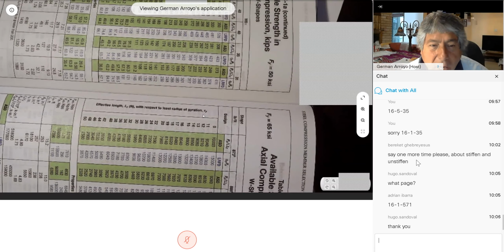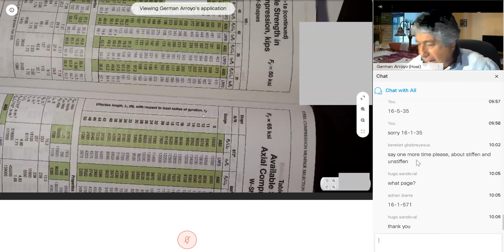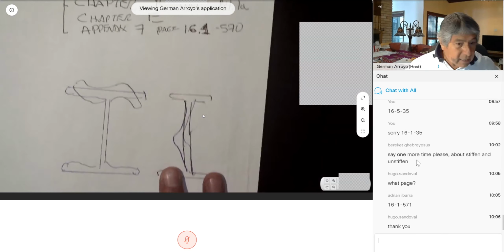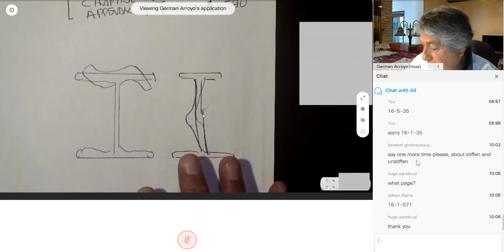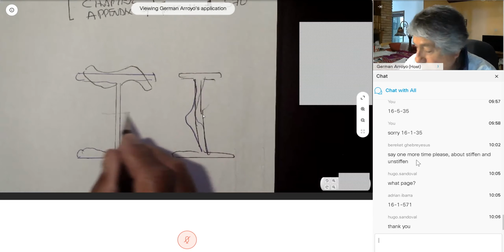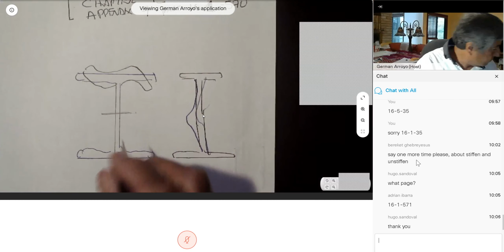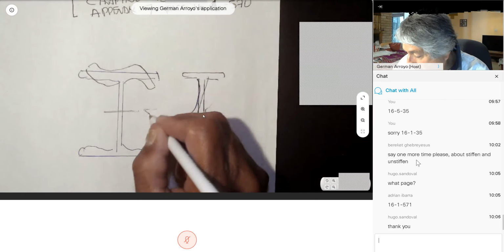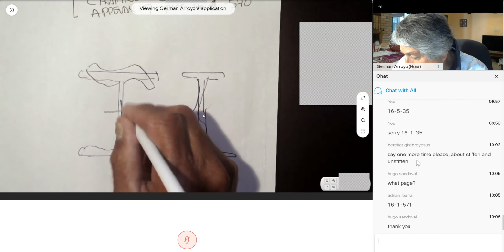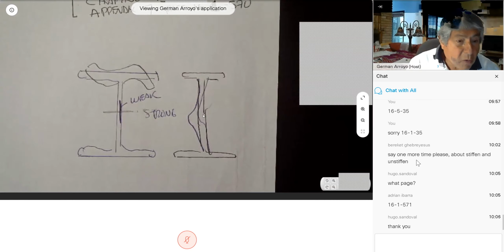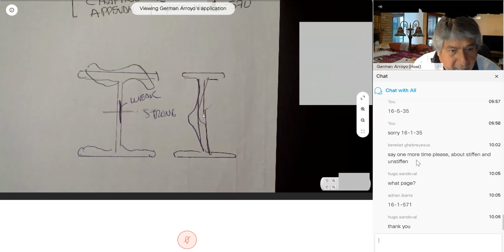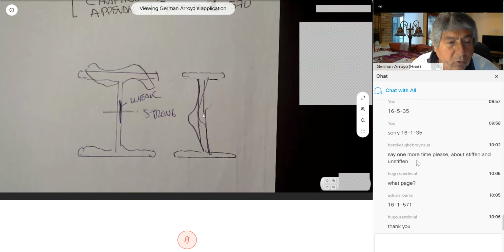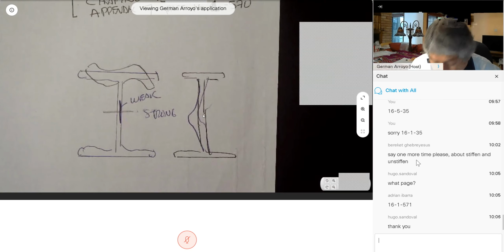And with respect to the y-axis, because whenever we have a wide flange, the largest moment of inertia is about this axis. So this is what we call the strong axis. And this is the weak axis. So if we do not have any braces, a wide flange is always going to buckle about the y-axis.